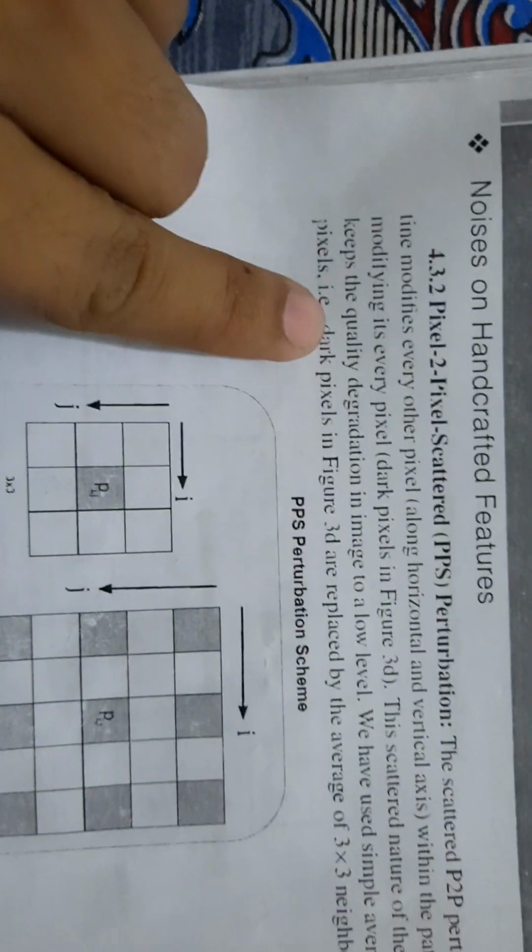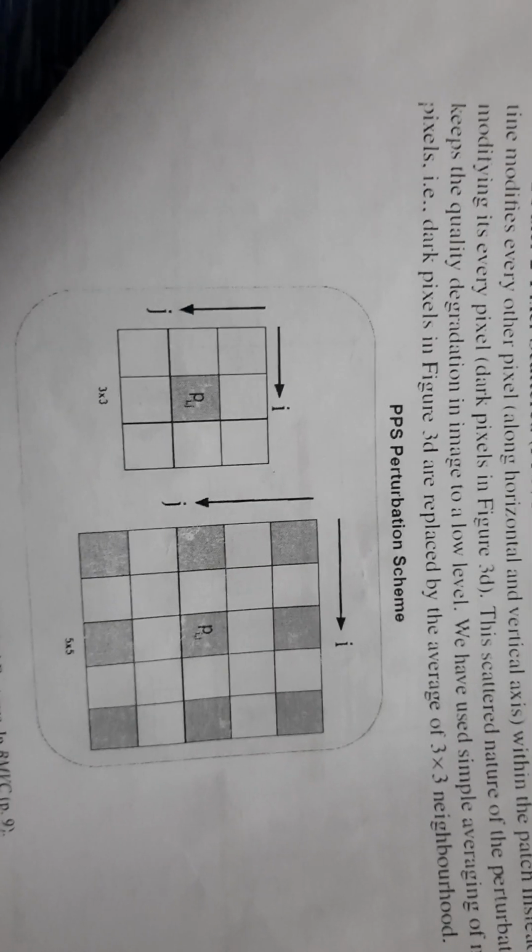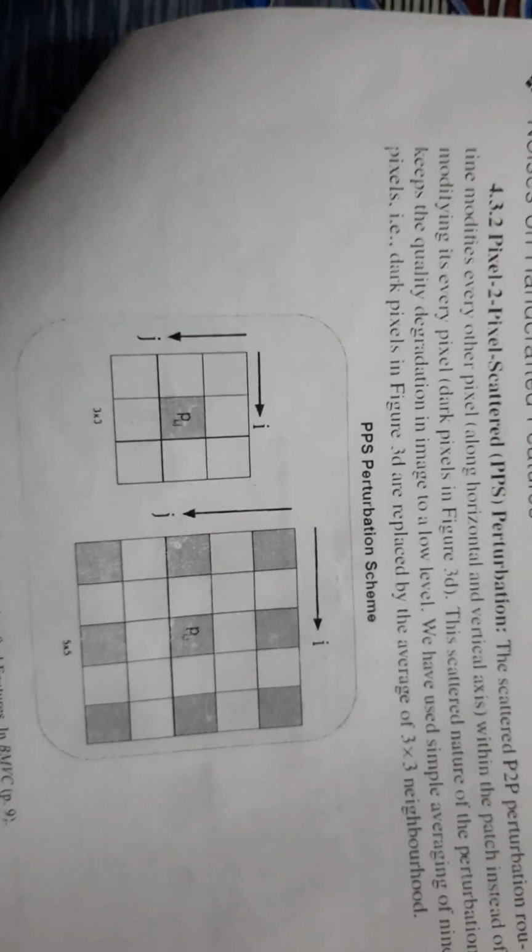Similarly with this one. By doing this, obviously you will not be degrading the quality of the image, because you are not changing every pixel inside it. The image will not look as if something has been done on it.